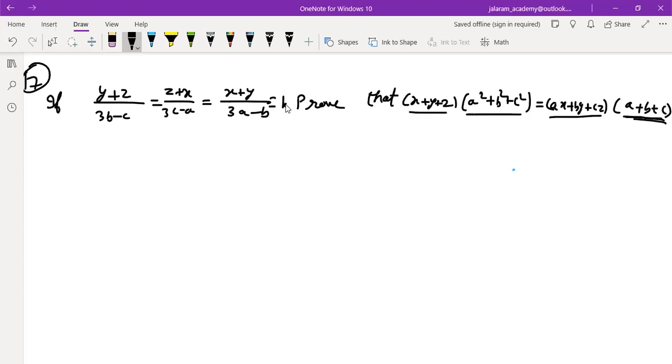First we assume that it is equal to k. So if this is equal to k, we know that it always gives the result k equals sum of antecedents upon sum of consequents. So what will you get if you use sum of antecedents upon sum of consequents?